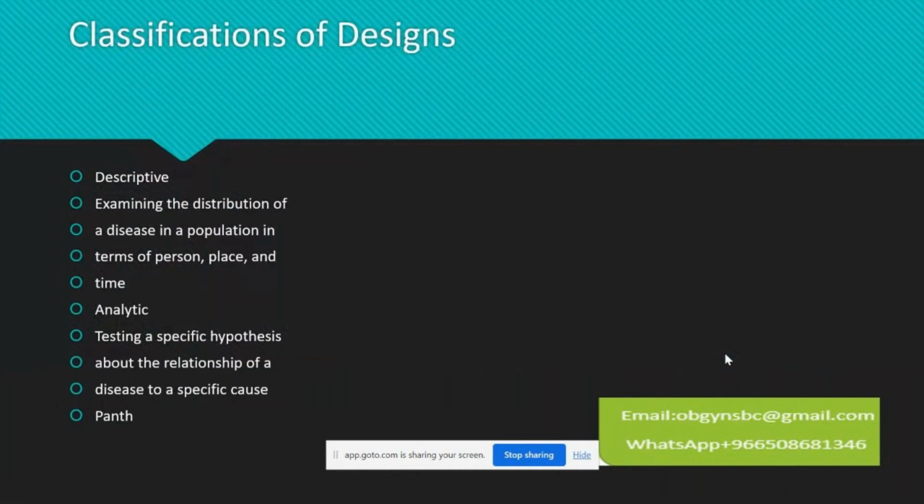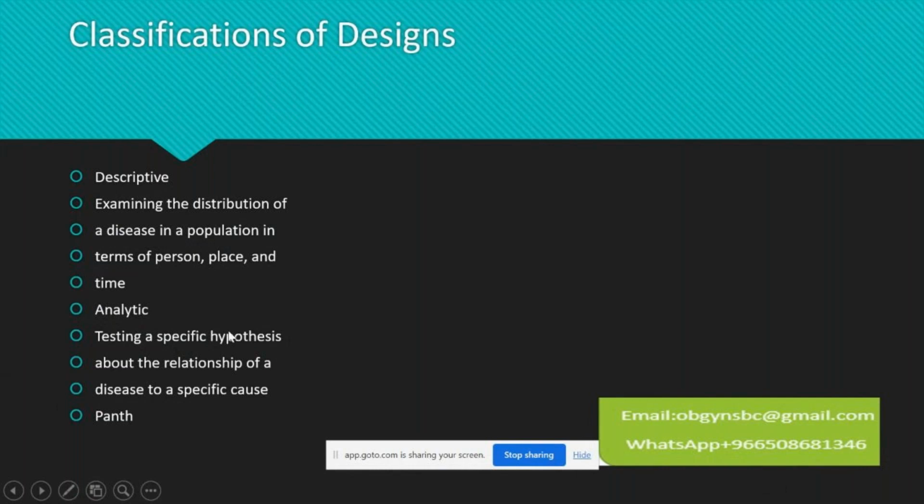So, just a brief overview of the classification of designs. If you remember, yesterday I told you that basically we have two types of studies, the descriptive ones and the analytic ones. The descriptive studies examine the distribution of a disease in a population in terms of person, place, and time.